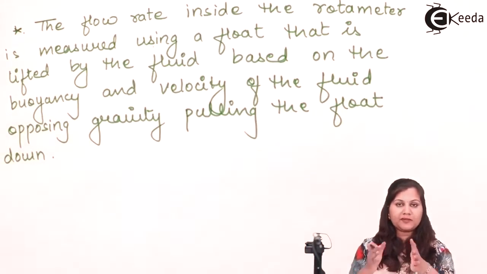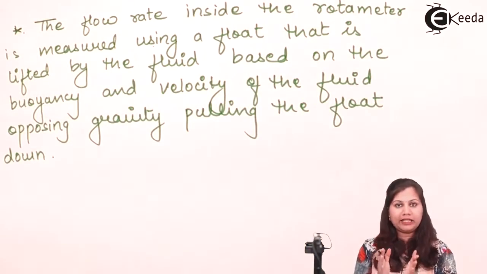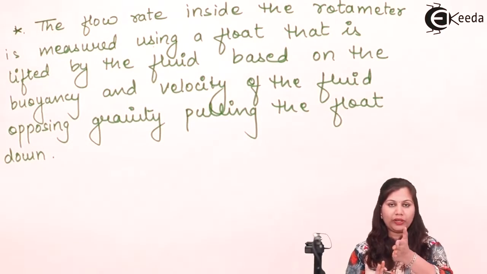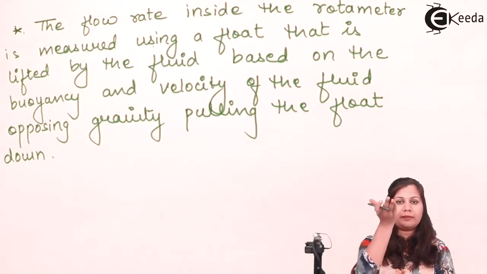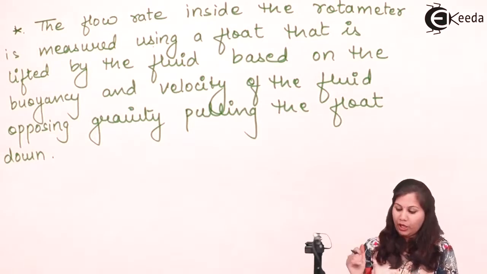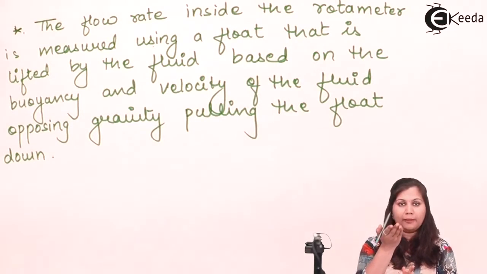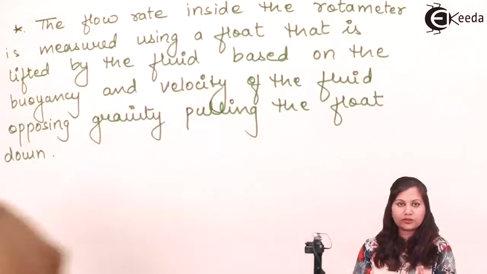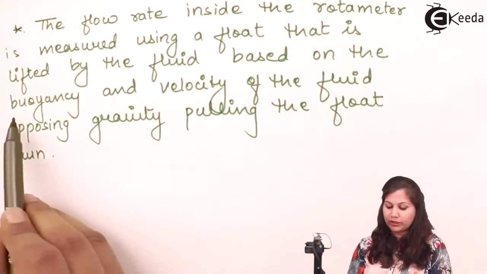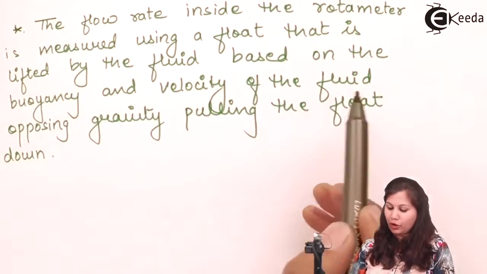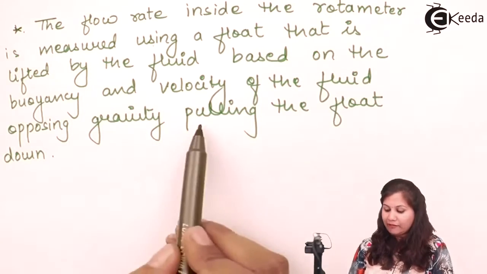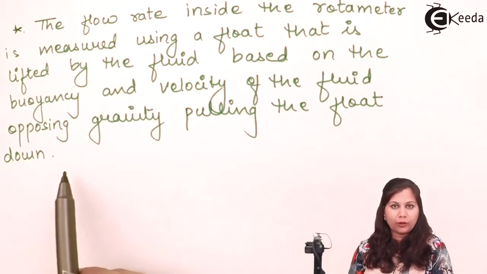So in rotameters, we have a tapered tube, and in that tube we have a float. As the fluid starts flowing, the float also rises up in the tube. The float is lifted up based on the buoyancy and velocity of the fluid, which is opposing the gravity, and gravity is pulling the float down.